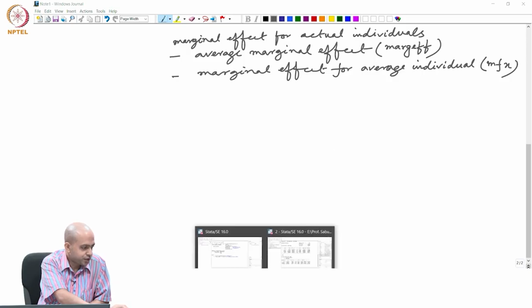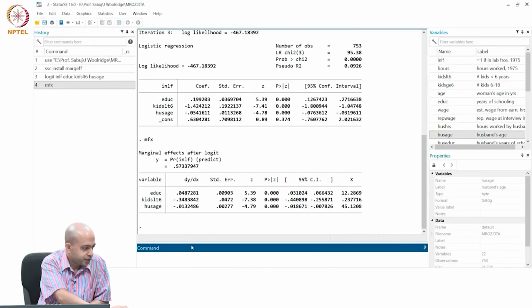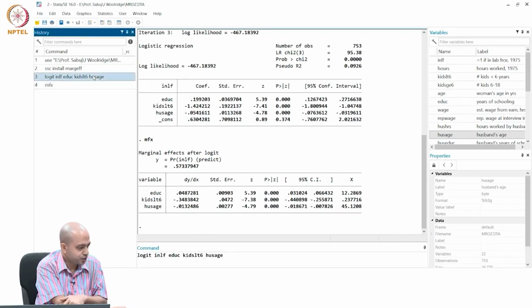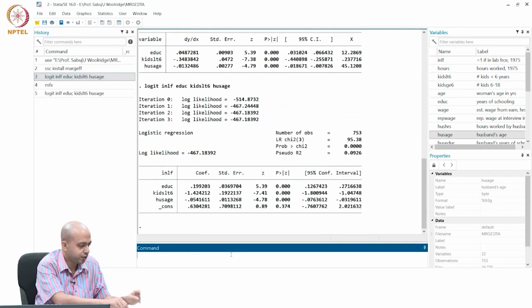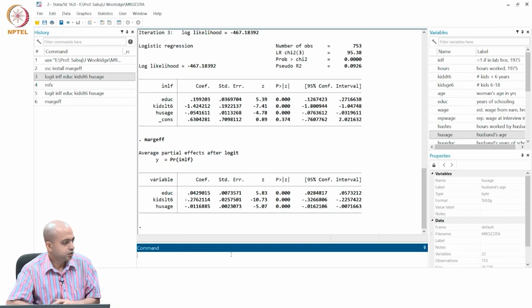So, after estimating the model, let us say I will once again estimate the model. So, this is the Logit model, and then I will put margeff. This is called average marginal effect.